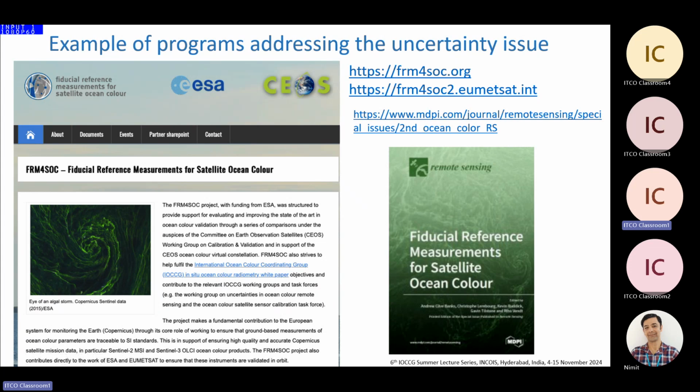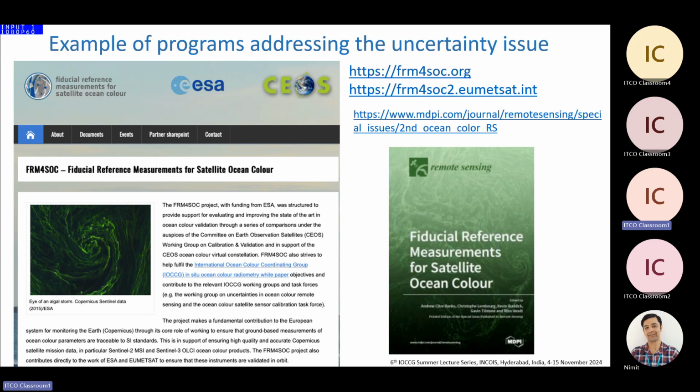That's a program that has been funded by ESA, and there is a second stage, FRM4SOC-2. It's all about intercomparison exercises, protocols, how to derive uncertainty, and so on. There is a special issue of Remote Sensing that was published in 2021, I think. There are probably quite a few others that will come in the next few years.